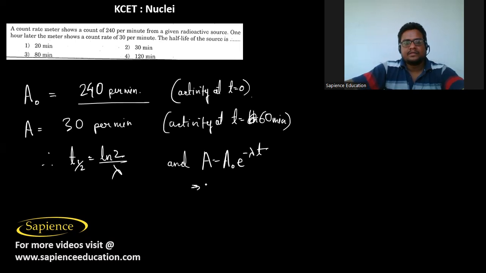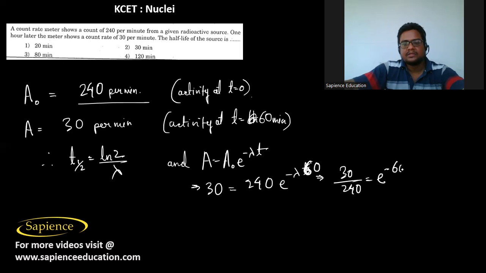So the activity is 30 per minute, A naught is 240, and t is 60 minutes. So 30 divided by 240 equals e power minus 60 lambda. Therefore, 3 eights are 24.